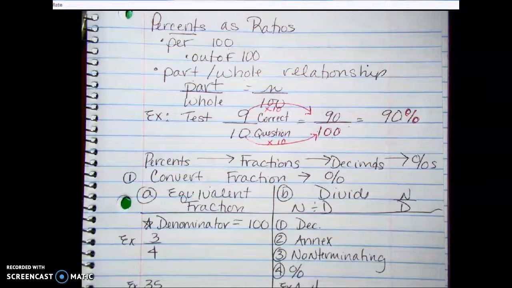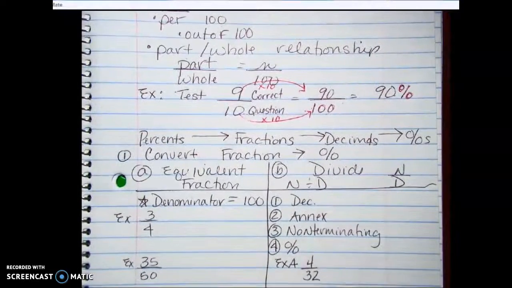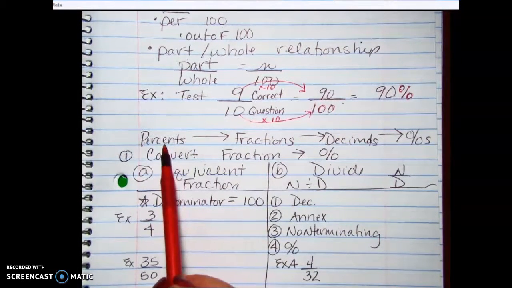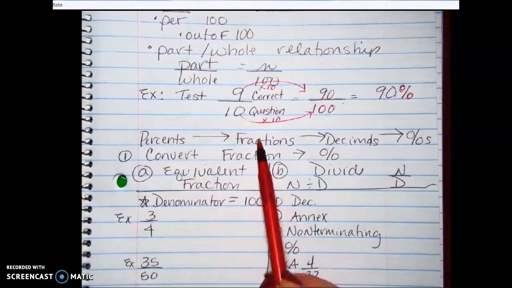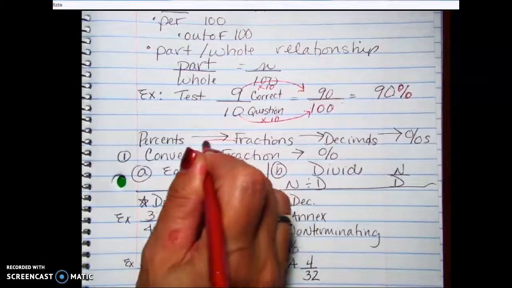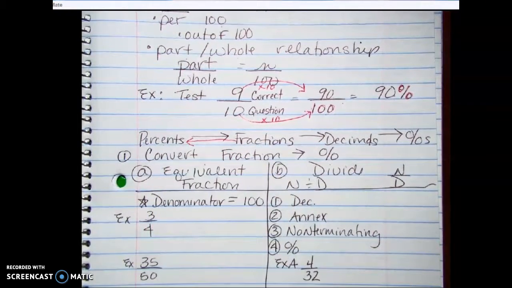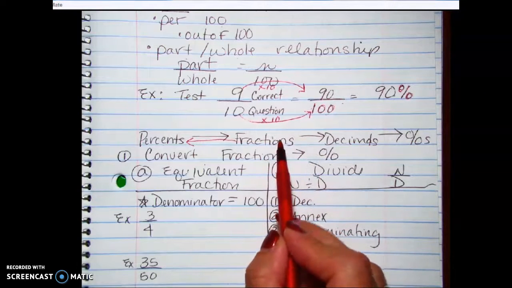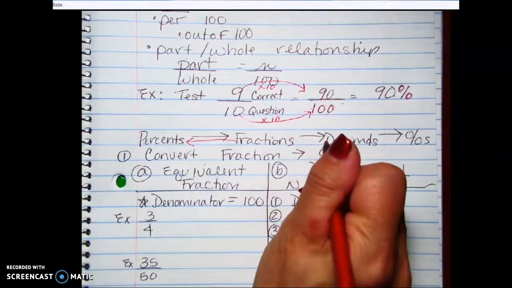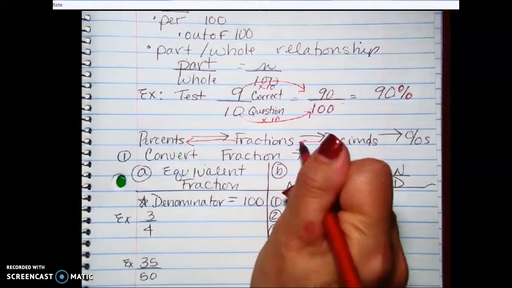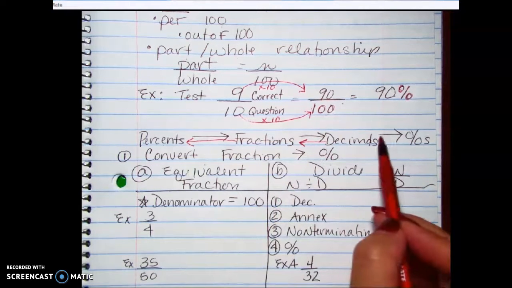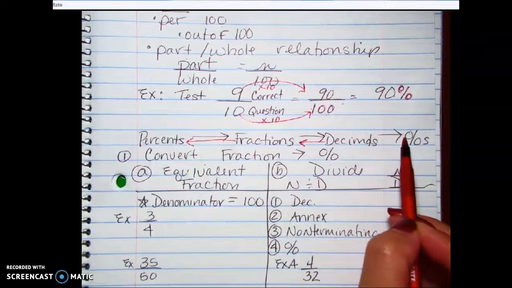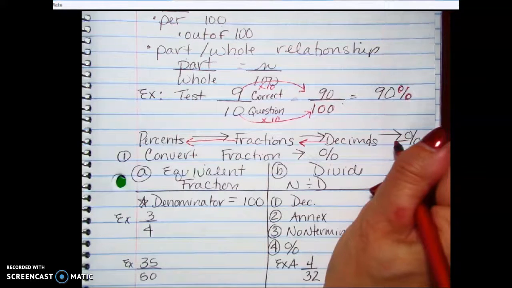Now, here's something that is really kind of important. Percents are fractions. Guess what? Fractions are percents. They go back and forth. Fractions are decimals. And guess what? Decimals are fractions. Now, decimals are percents. And guess what?